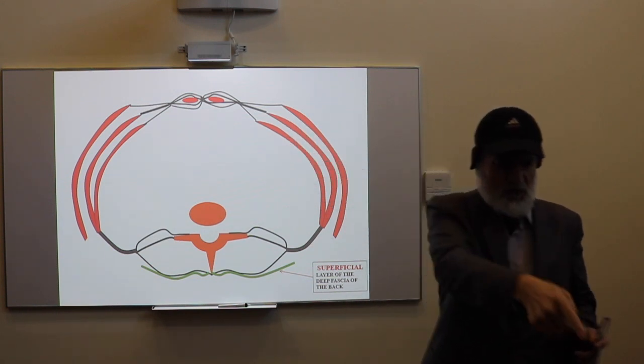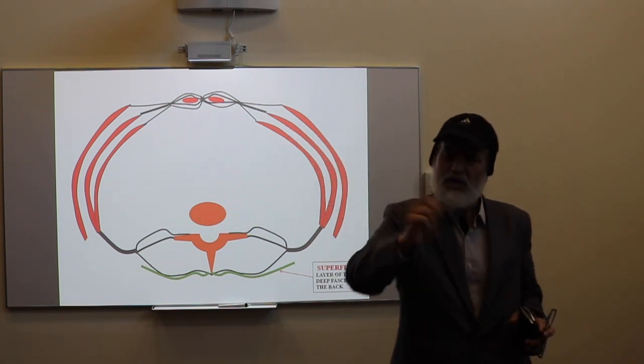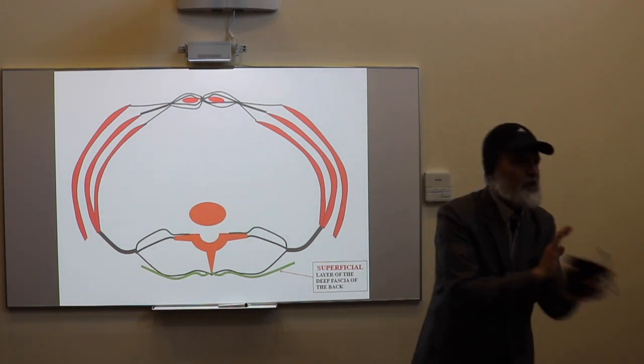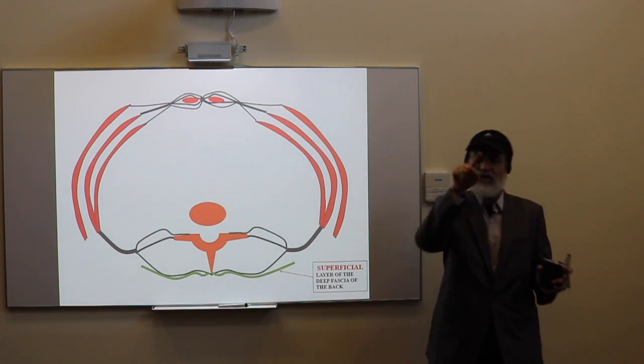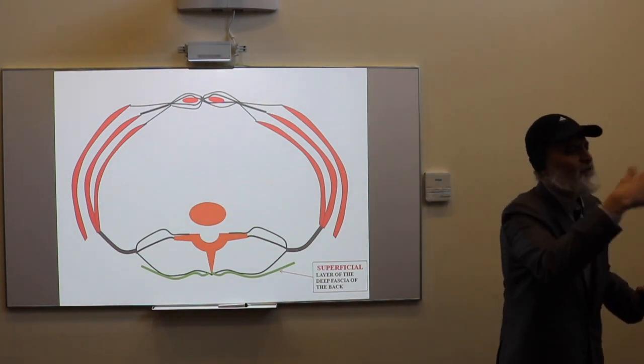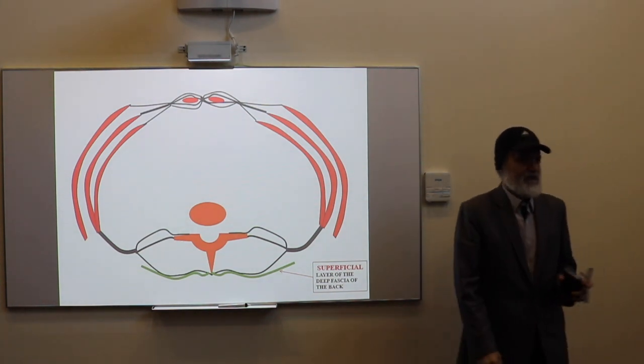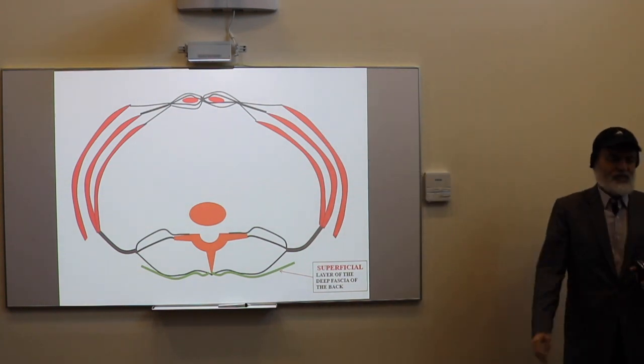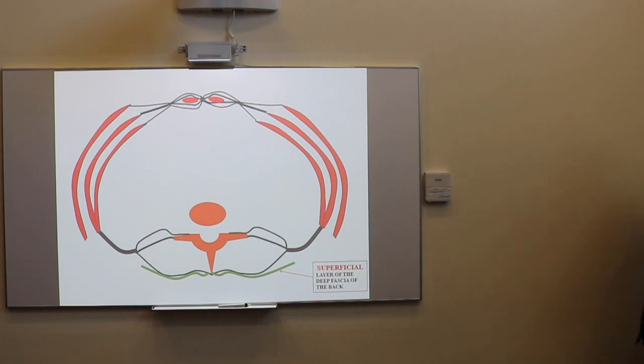If I cut your rectus abdominis, you will not at all, from supine to 30, no other muscle does this. If I cut this, you are not a gymnast. Forget it.